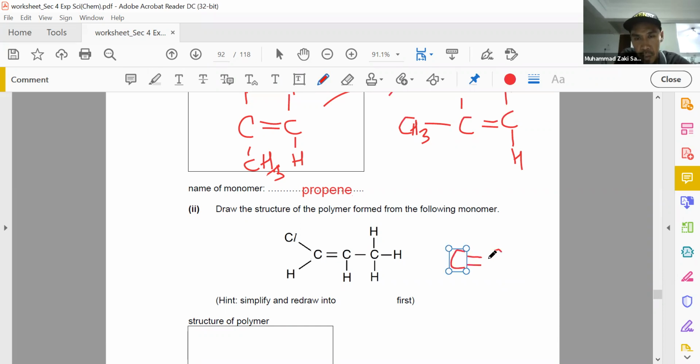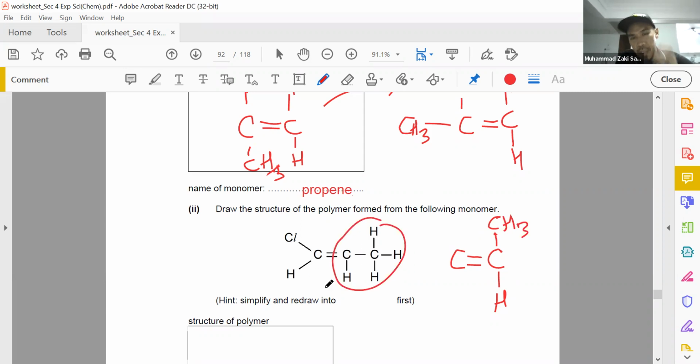You need to redraw these two carbon bond. This carbon got H, so H stays here. Then this carbon also got this thing called CH3. So just condense this whole branch structure by writing down CH3. So this part is done already.